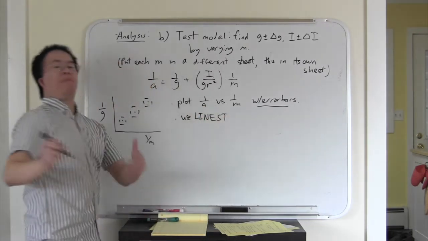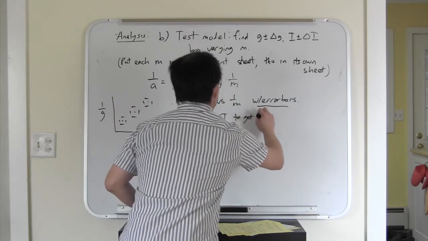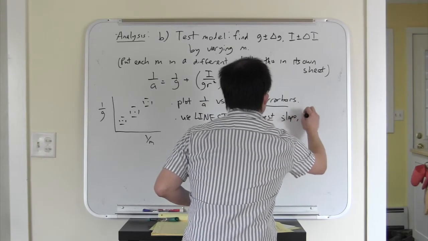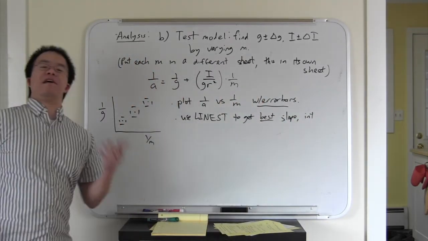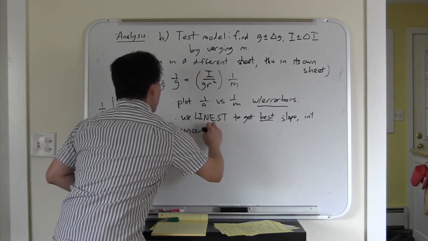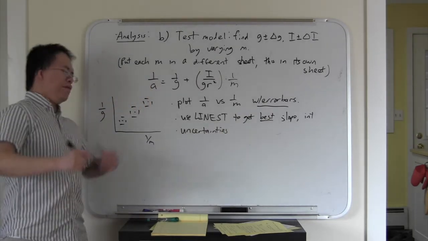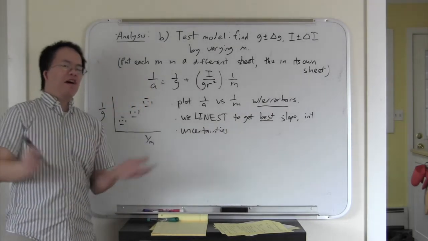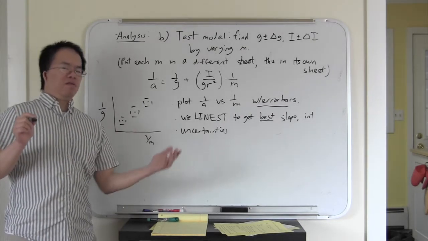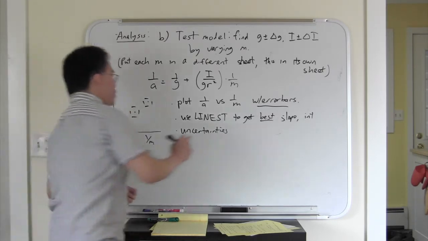Linest can give you the best value, but you'll need to get the uncertainties by hand. Namely, calculate a linear model as a function of just a slope and an intercept, and play around with those numbers like you would if you were fitting a graph on paper.